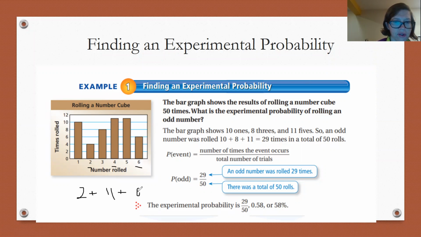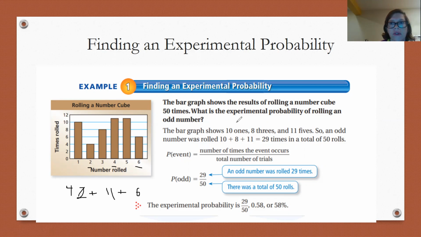So those are our 3 even numbers. Right? Let me make sure I wrote that down. Oh, whoops, that was 2 was rolled 4 times. All right, so we've got 4, 11, and 6.